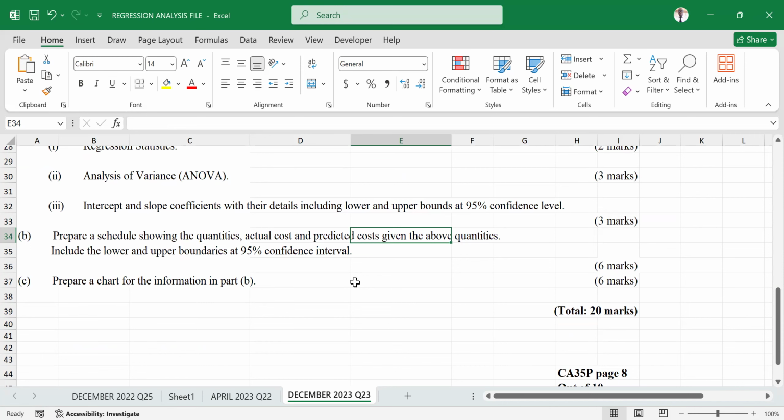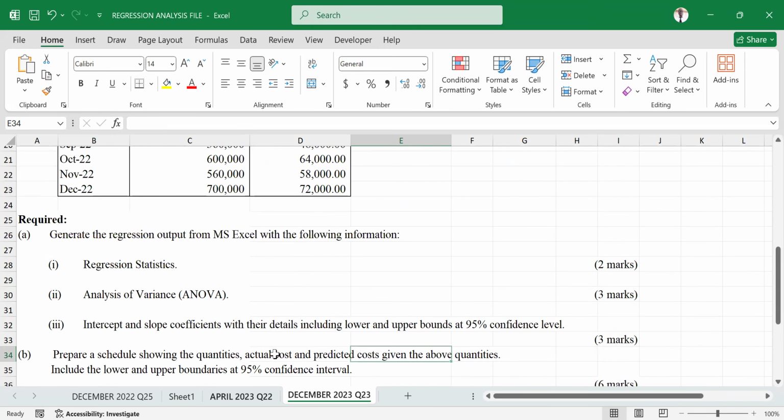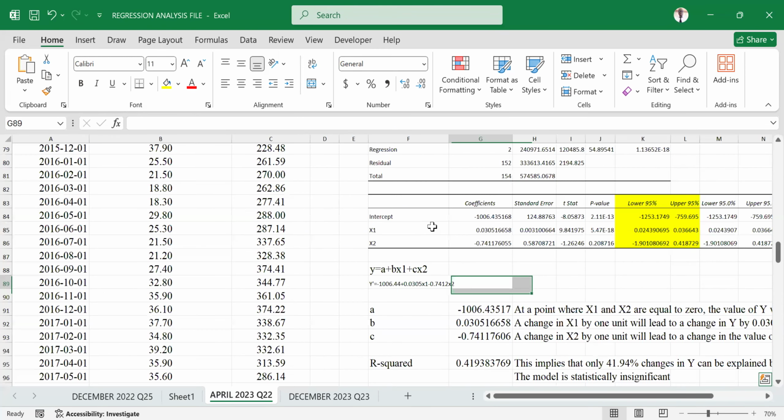The cost function follows the linear regression equation, y equals a plus bx. In your output, like the same case we did last time, you have the a, then the variables x1 and x2, and the slope. So you can come up with a linear regression equation like we did here. You can see the equation is there.